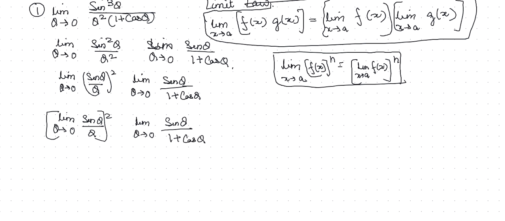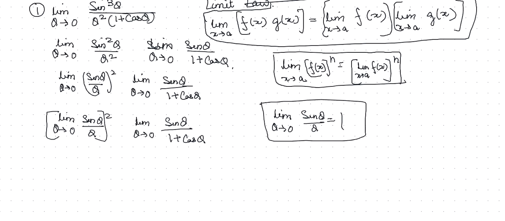Okay. Now there is another limit formula: when the limit as theta tends to 0, sine theta over theta is equal to 1. We can deal with this proof separately. So this is one of the laws we can use. So 1 squared will be put.